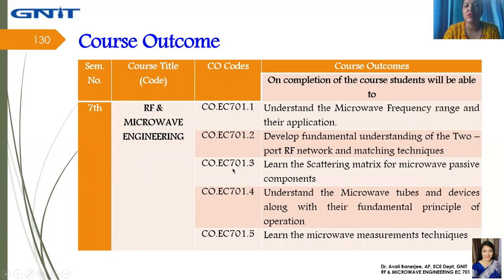On completion of this module, the student will be able to have the basic understanding of the two-port network and the scattering matrix for the different microwave passive components. So the course outcomes will be CO EC701.2 and CO EC701.3. These two are the course outcomes after completing this module.